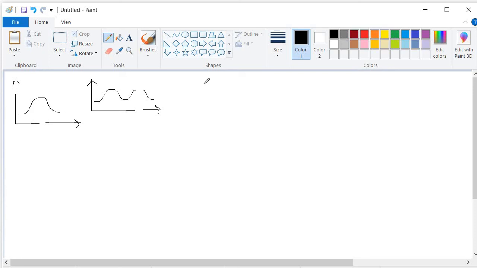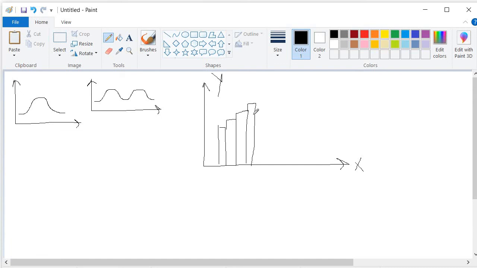So let us now talk about the positive skewness of data. This is your x-axis, and this is your y-axis. Now if you plot your data over here to understand the distribution, let's say you have a histogram, and this would be your data, somewhere around this way.